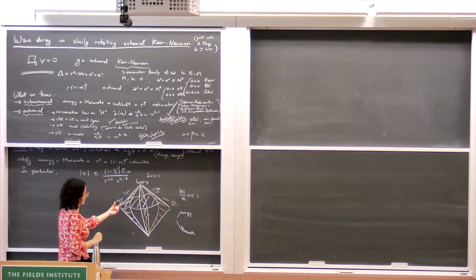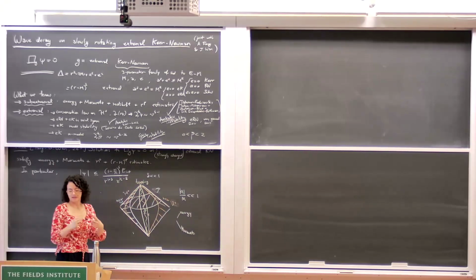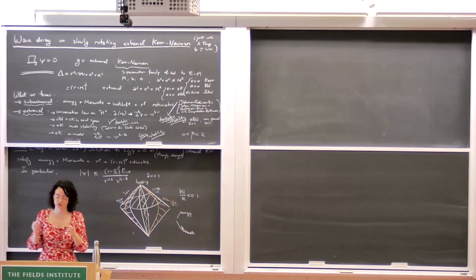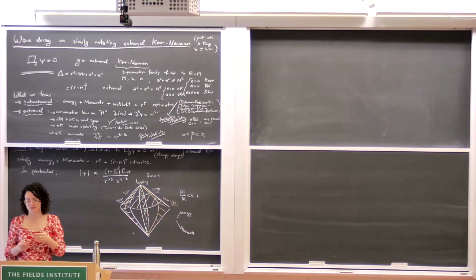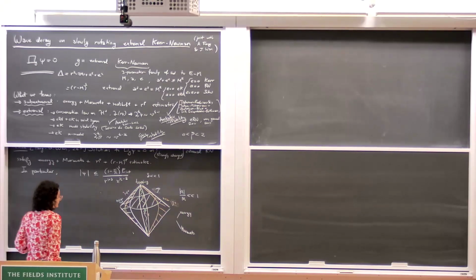The trapping region is really wherever you will find some null geodesics that are trapped, so that it's orbital, so r is constant.